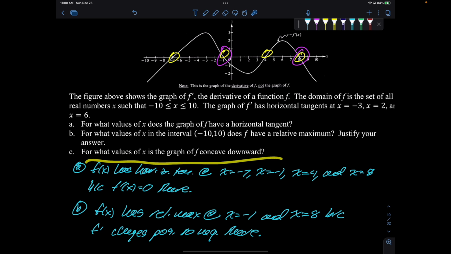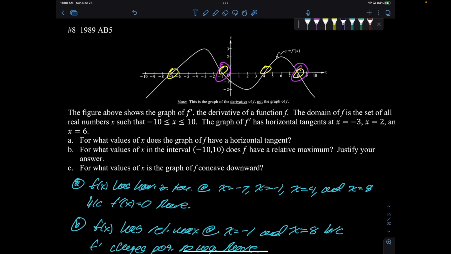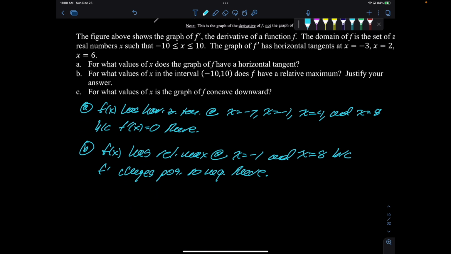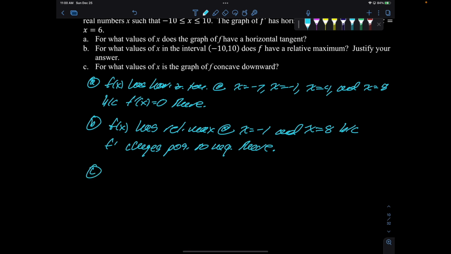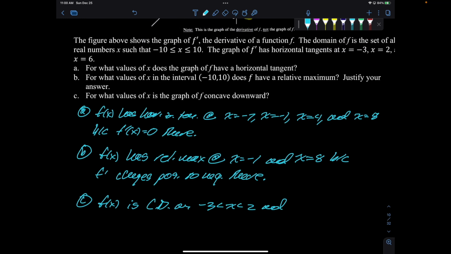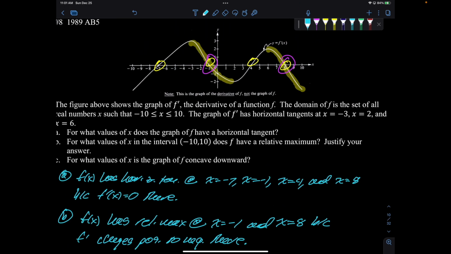All right, for what values of x is the graph concave down? So concave down would be where f prime is decreasing, which will make f double prime negative. So here and here. All right, so that looks like -3 to 2 and 6 to 10. So f of x is concave down on -3 to 2 and 6 to 10.